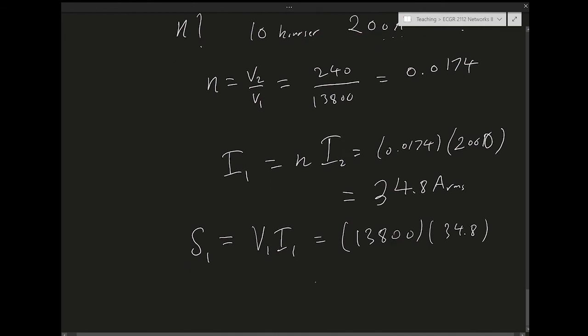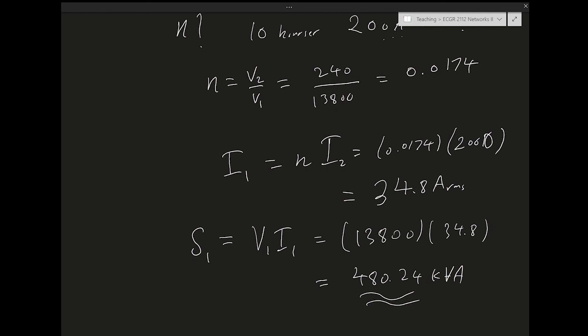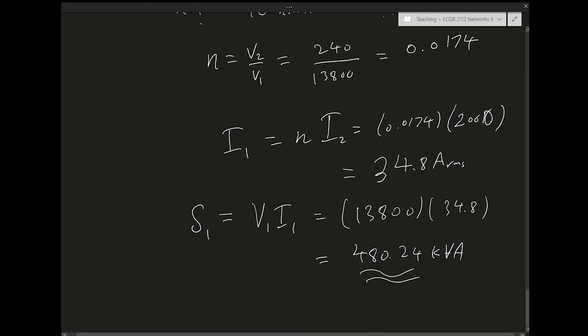If we do the calculation, that turns out to be 480.24 kVA. And that's a typical apparent power rating for distribution transformers. Typically, they are around that value. I mean, they range from 400 up to 700 kVA. Okay.